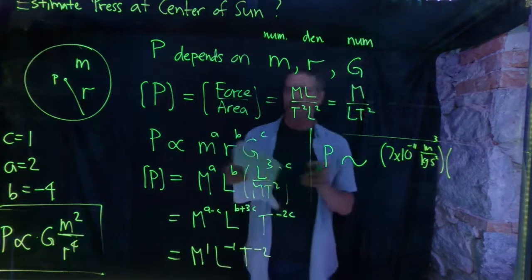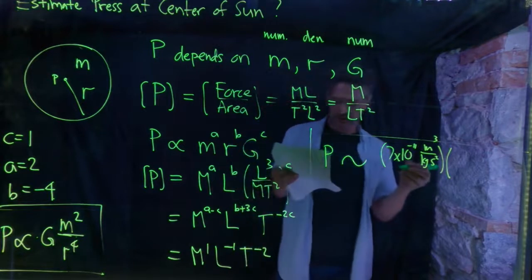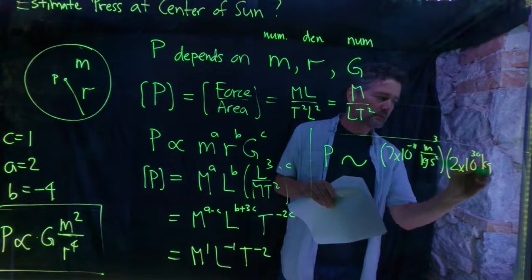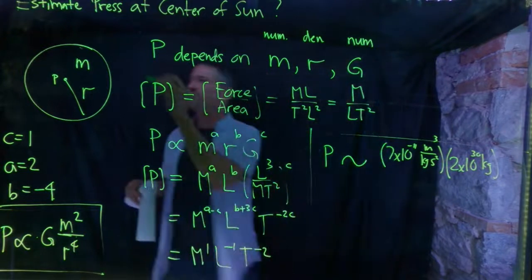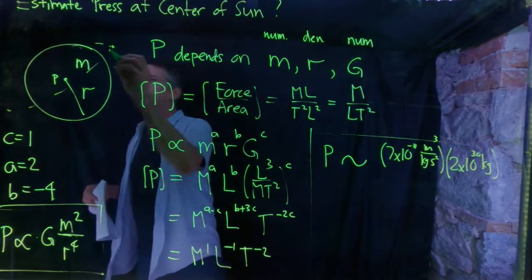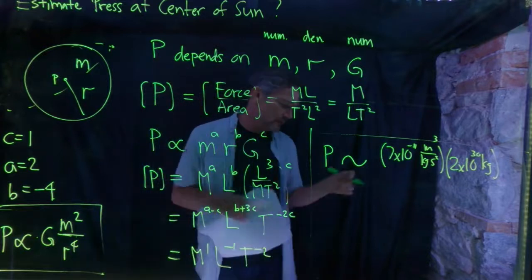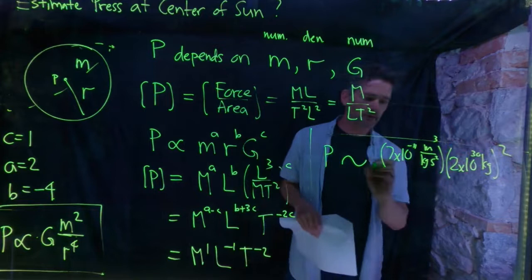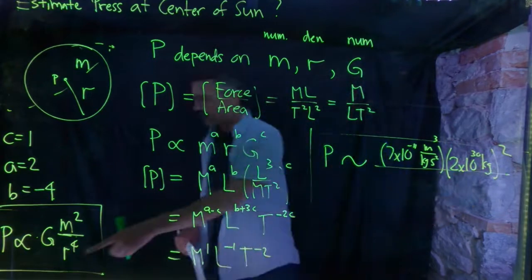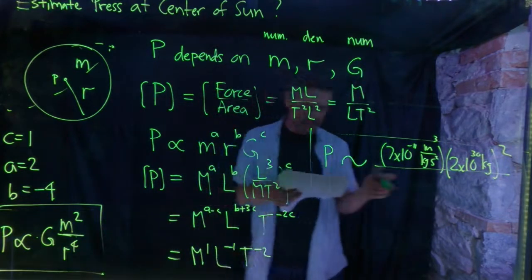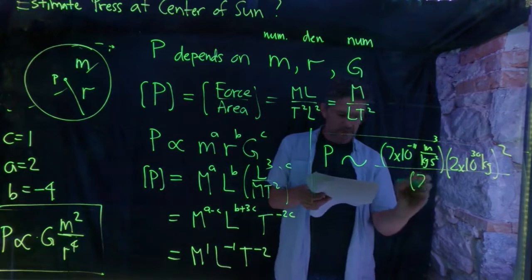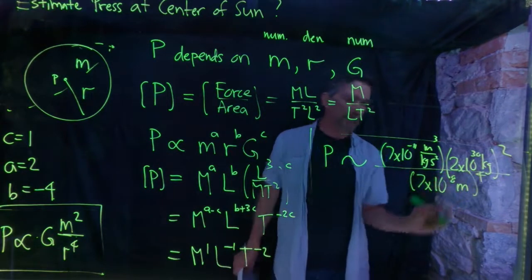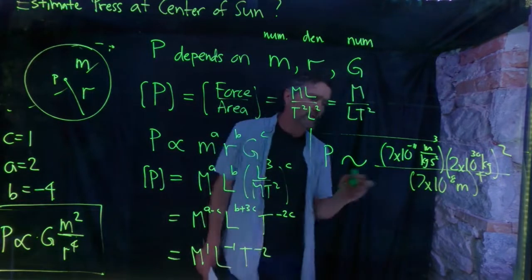So the mass of the sun is 2 times 10 to the 30 kilograms. That's easily determined by just taking an object and letting it float around the sun like the Earth, and then using Kepler's law. So that's that, and then we square that thing, and then we divide that by the radius of the sun to the power of 4, and that's easily measured as well. So that's 7 times 10 to the 8 meters. We take that to the power of 4, and we work out those numbers.